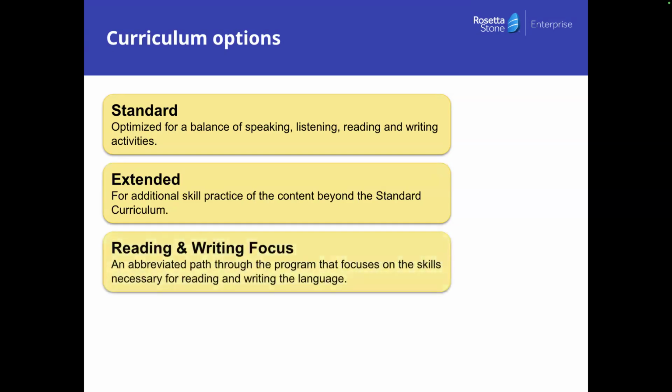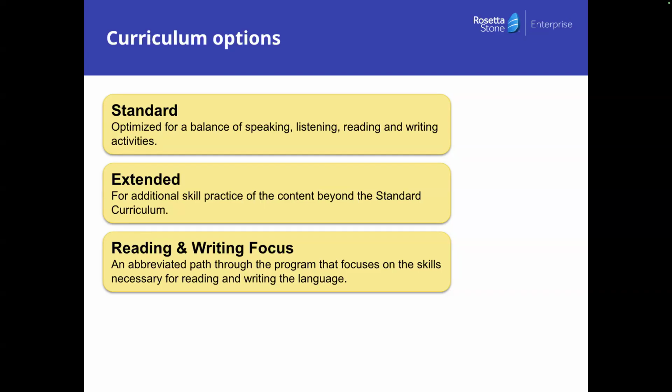The next option is a reading and writing focus. This is an abbreviated path through the curriculum that just focuses on reading and writing skills. So a couple instances that I might recommend this curriculum path, if anyone is a heritage speaker of a language, meaning they grew up speaking it at home, so they have quite a lot of experience listening and speaking, but maybe don't have as much experience with reading and writing and the grammar of the language, this can be a great option because they will just be focused on that reading, writing, grammar, and they won't have any listening or speaking activities.